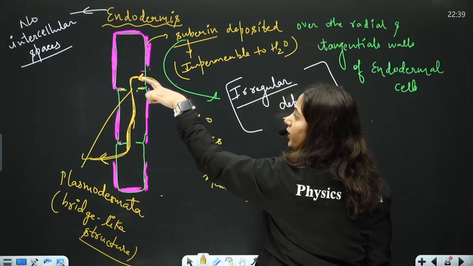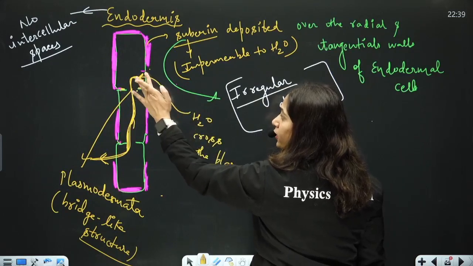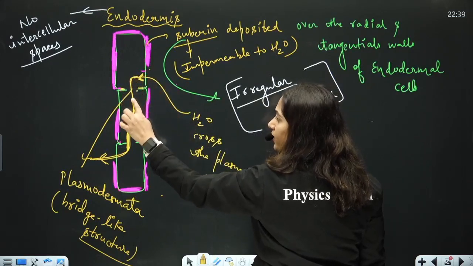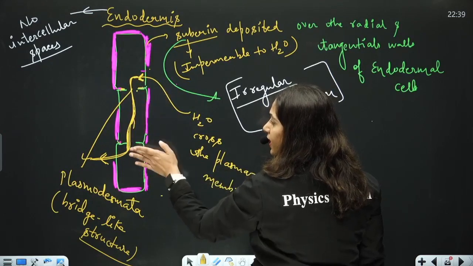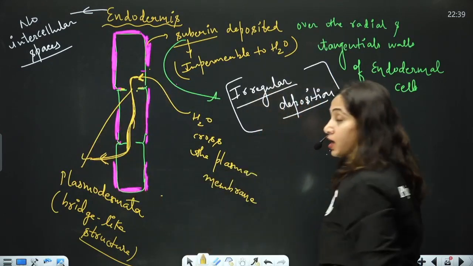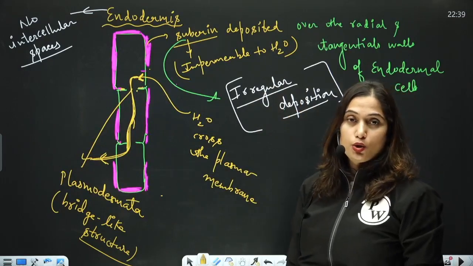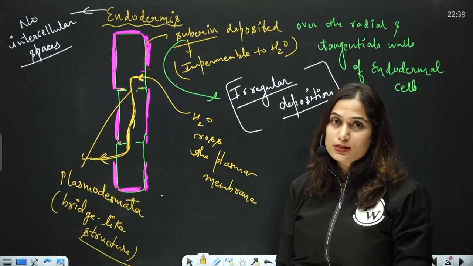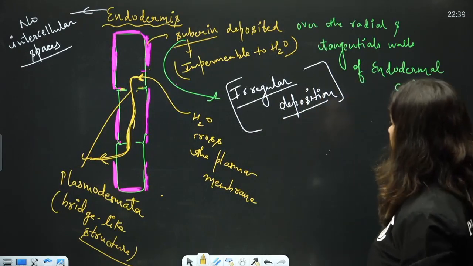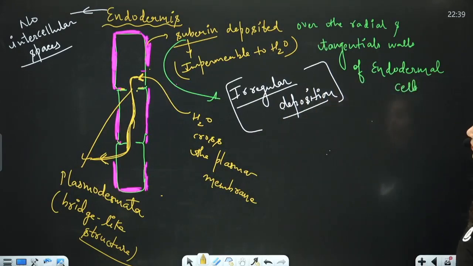Water takes entry there, then it crosses the plasma membrane. With the help of plasmodesmata, it moves through the living space of the cell and then comes out. So this is why, to cross the endodermis, water has to take the help of the symplastic pathway and not the apoplastic pathway. Clear?